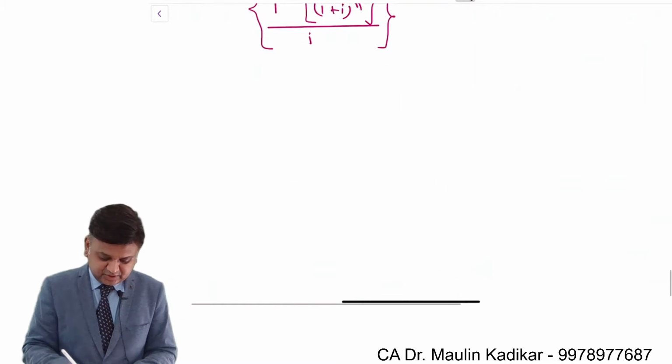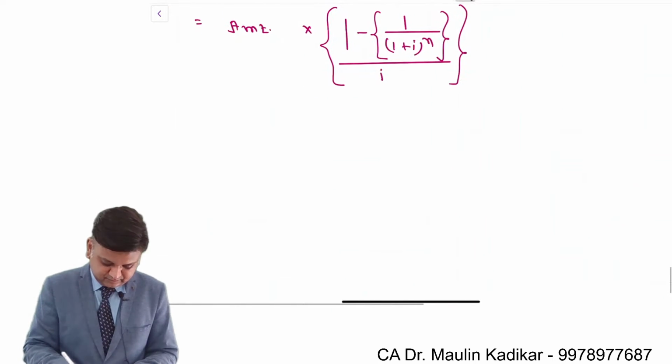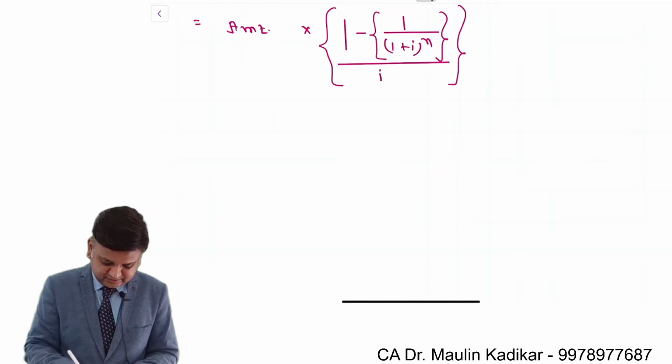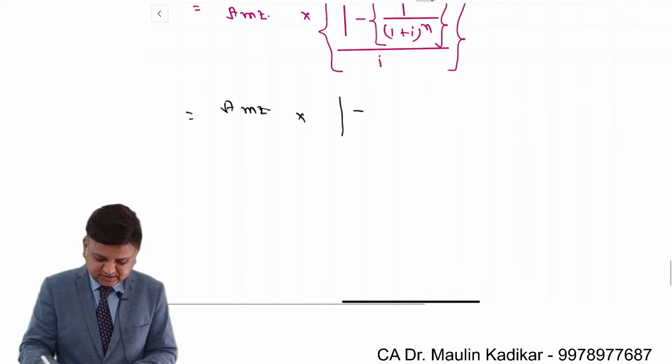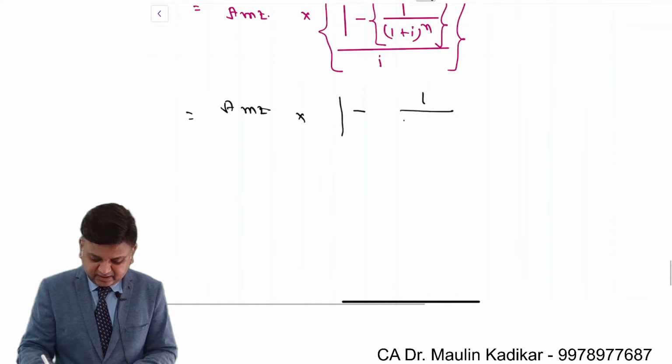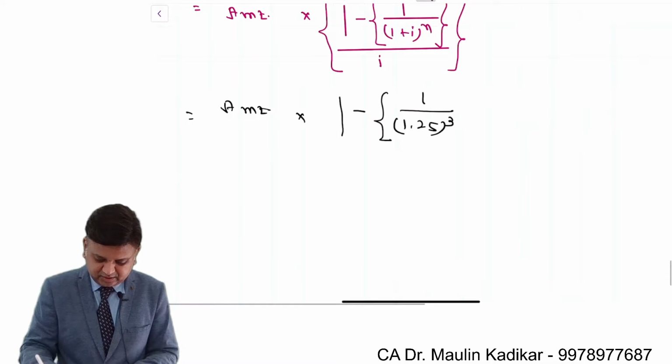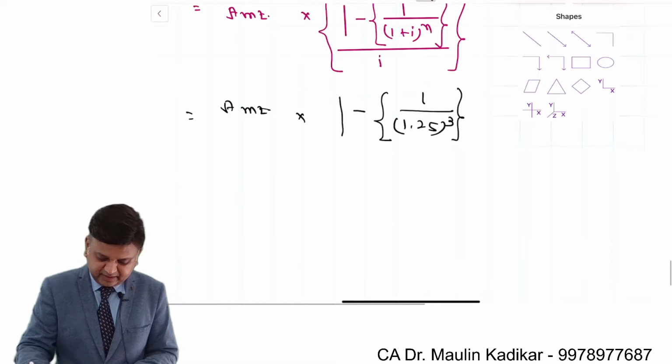So we understand that over here the amount is 1000 into 1 minus 1 divided by 1.25 raised to 3, whole divided by 0.25.